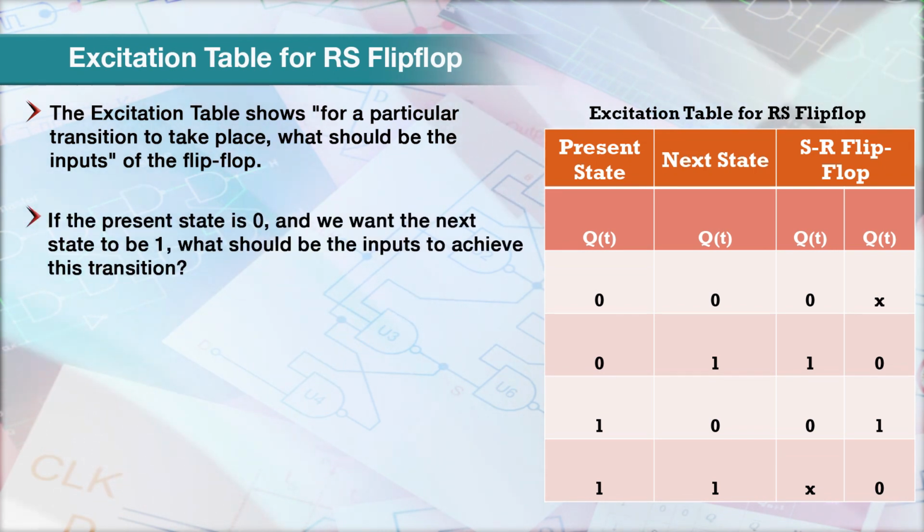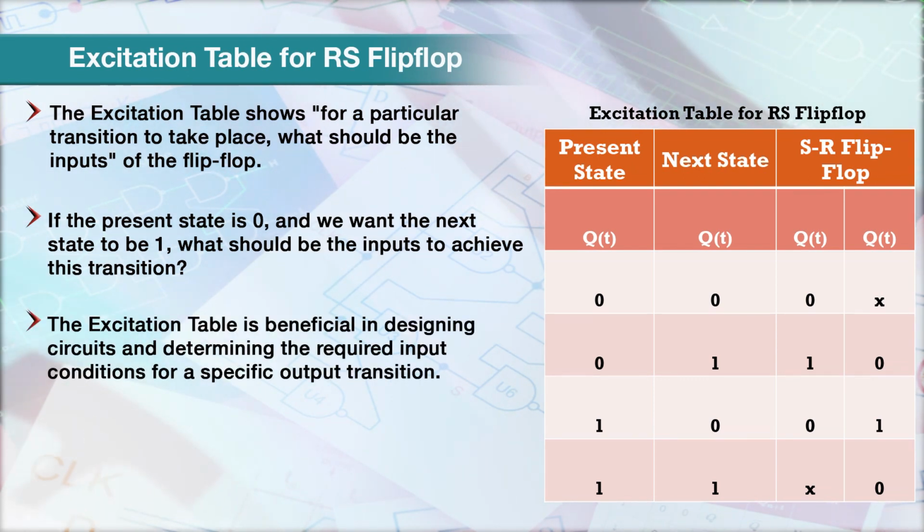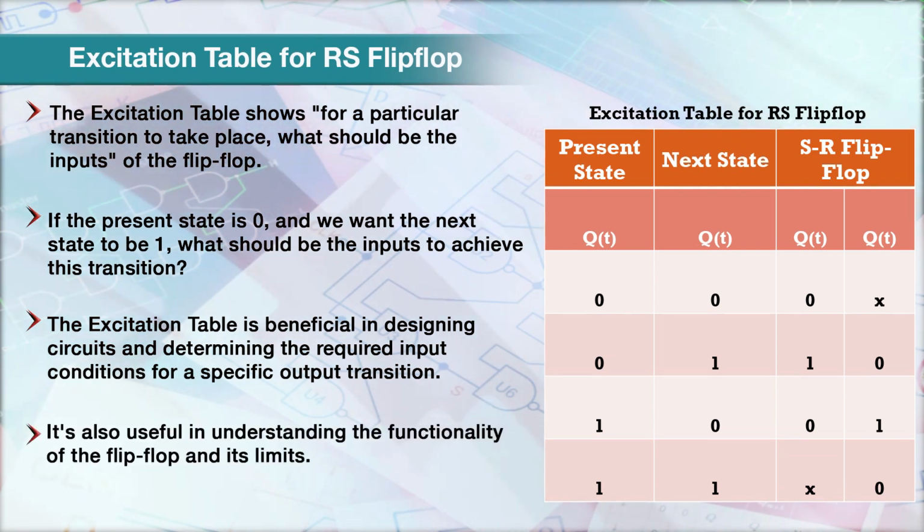If the present state is 0 and we want the next state to be 1, what should the input be to achieve this transition? The excitation table is beneficial in designing circuits and determining the required input conditions for a specific output transition. It is also useful in understanding the functionality of a flip flop and its limits.